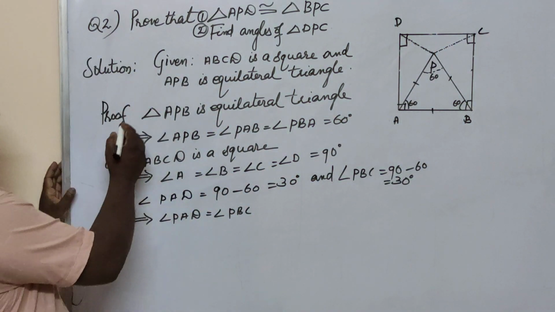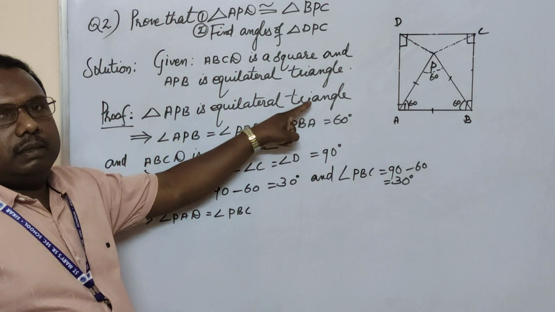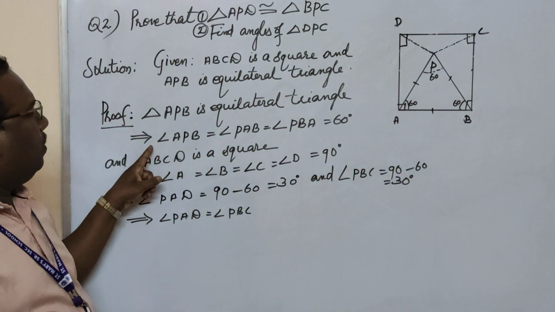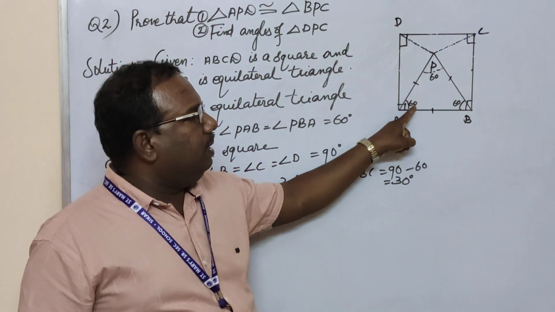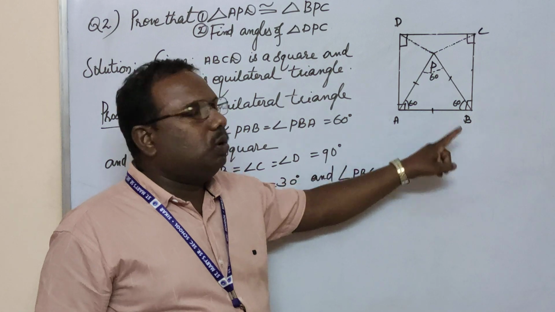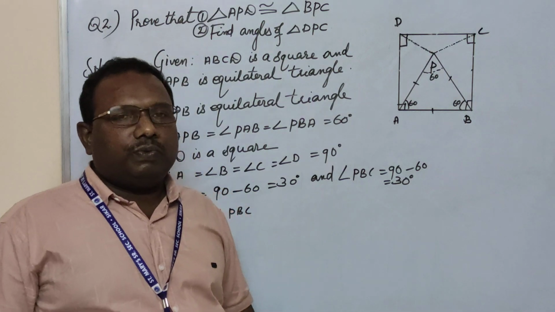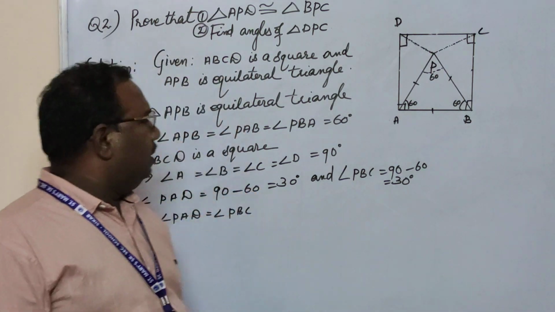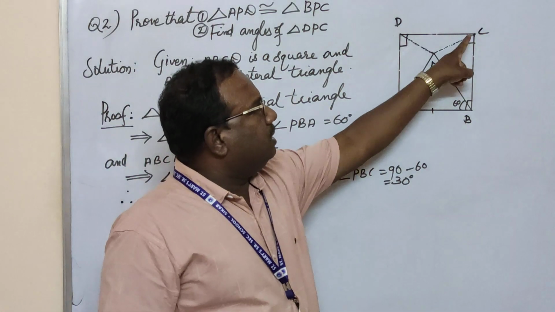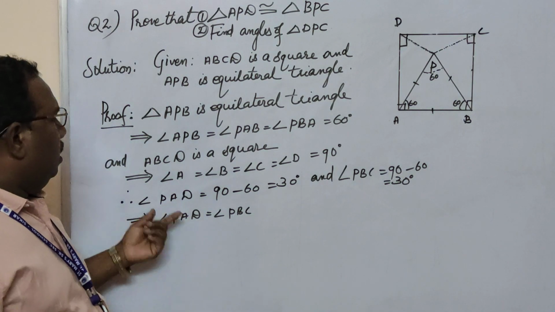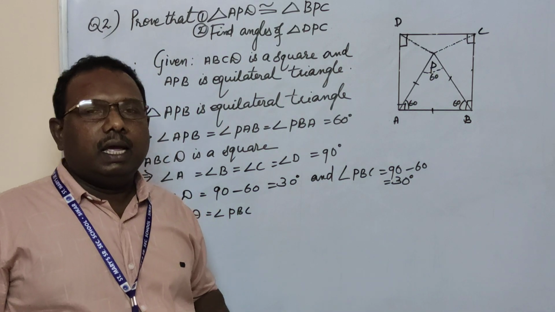Now, proof. Triangle APB is an equilateral triangle. This is given in the question. Therefore, angle APB equal to angle PAB equal to angle PBA equal to 60 degrees. If a triangle is equilateral, each of its angles is 60 degrees. Second, ABCD is a square, which implies each angle of the square is 90 degrees.